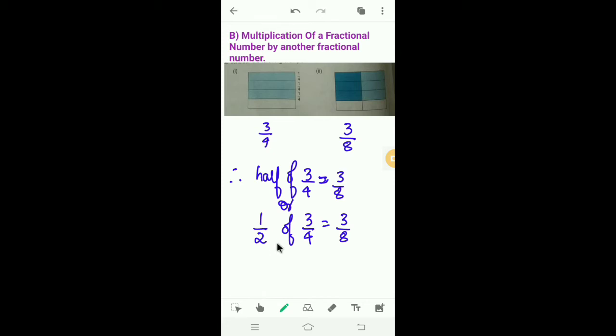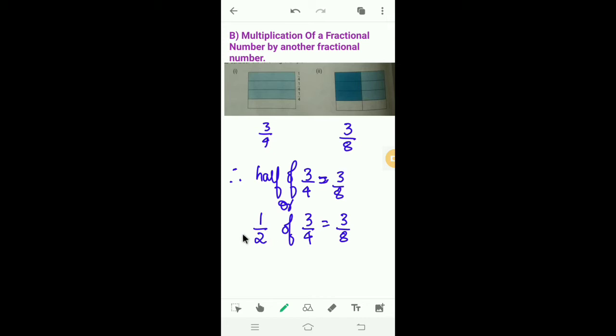Hence, the product of two fractional numbers is a fractional number whose numerator is the product of their numerators and whose denominator is the product of their denominators. For example, product of two fractions.